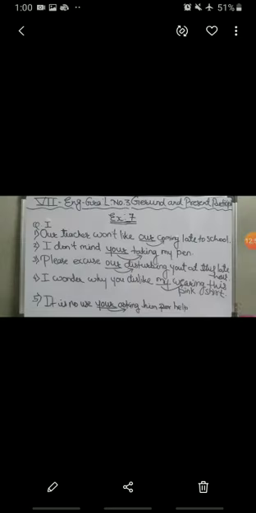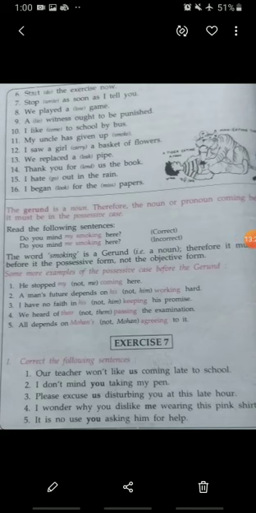Now we will move to the next exercise, exercise 7. In exercise 7 two questions are given, and both questions are of gerunds. And as we know, a gerund is a noun. So the noun or pronoun coming before the gerund must be in the possessive case. Here we can see some examples.